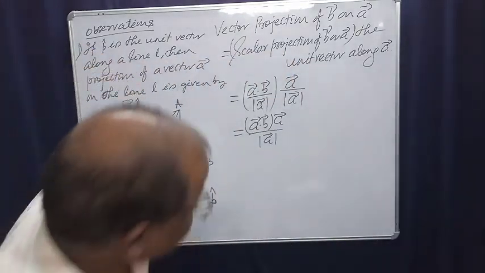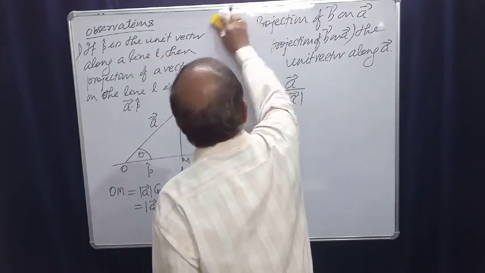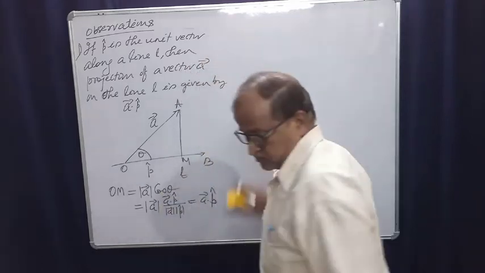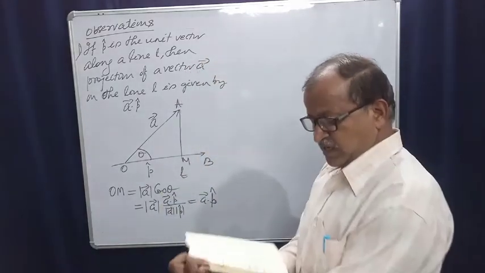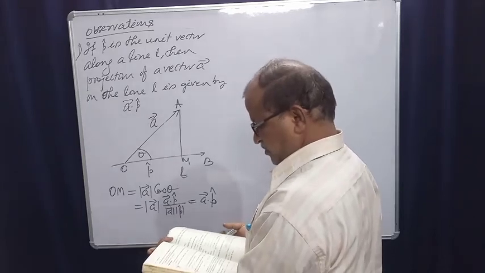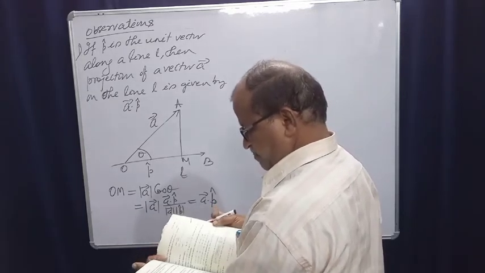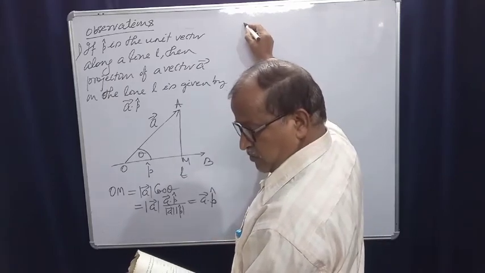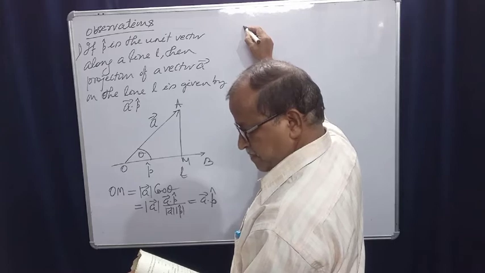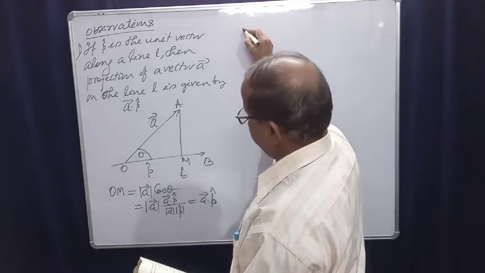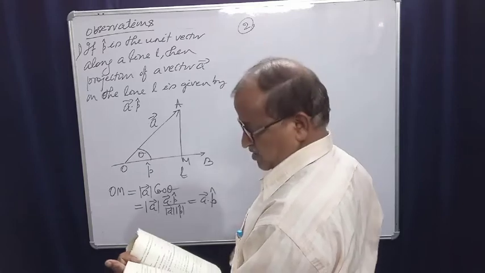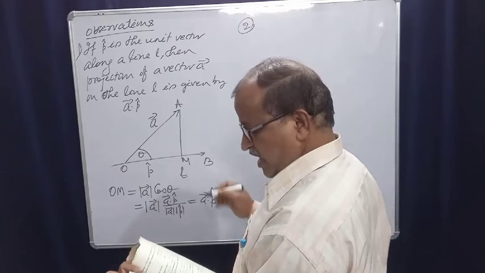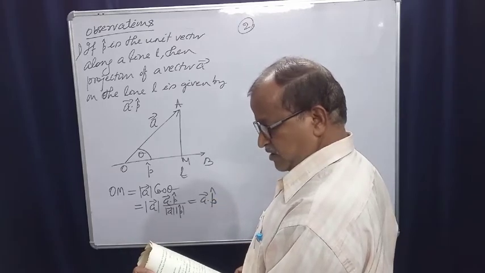Number 2. The projection of a vector A on another vector B is given by this.